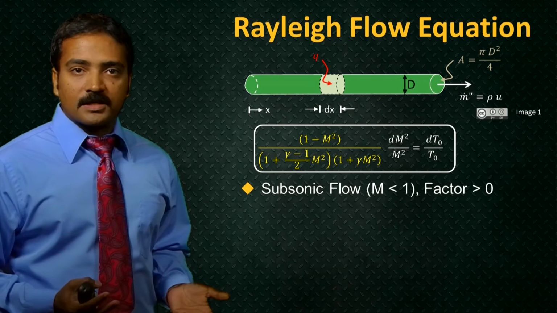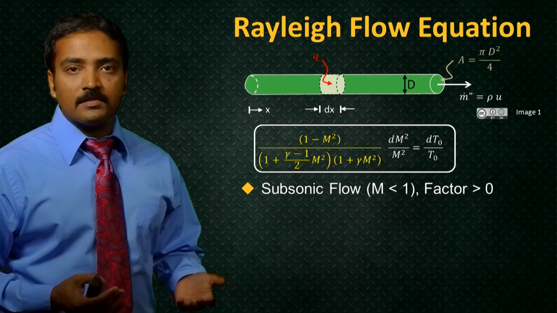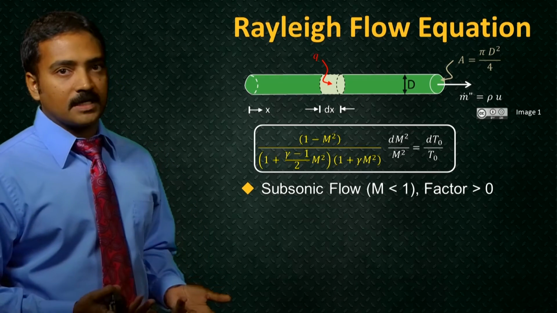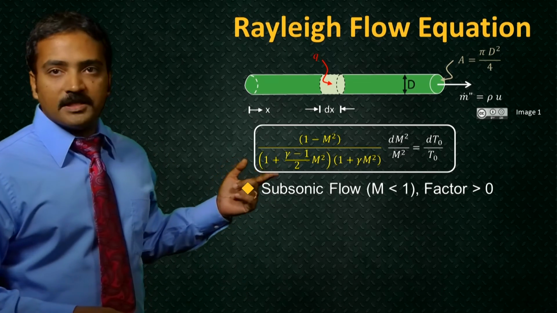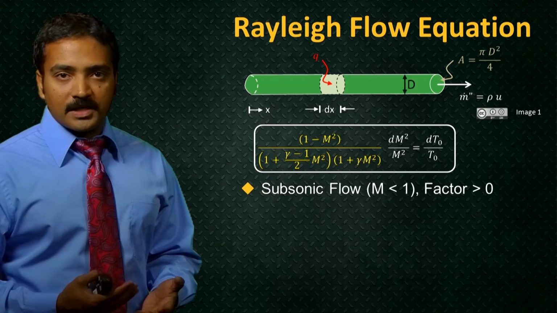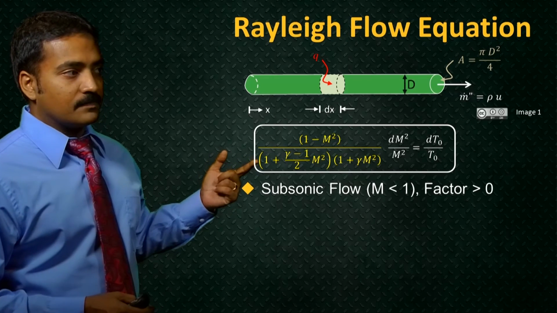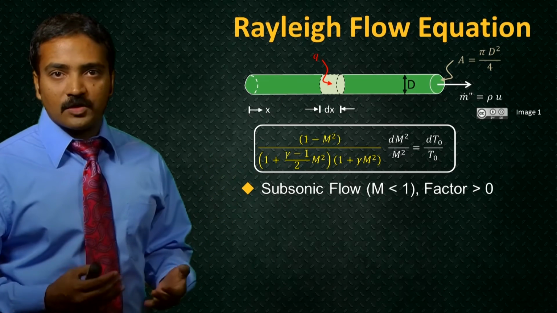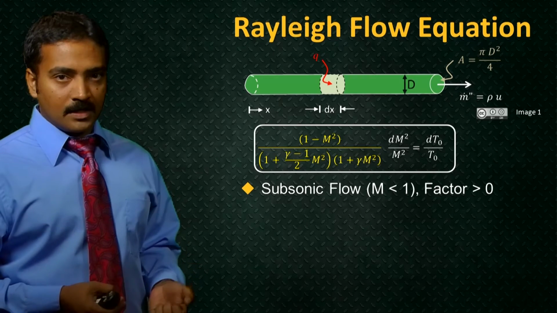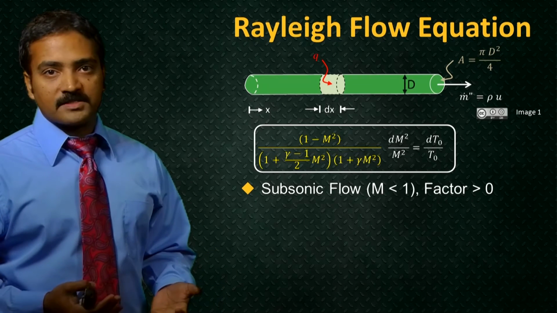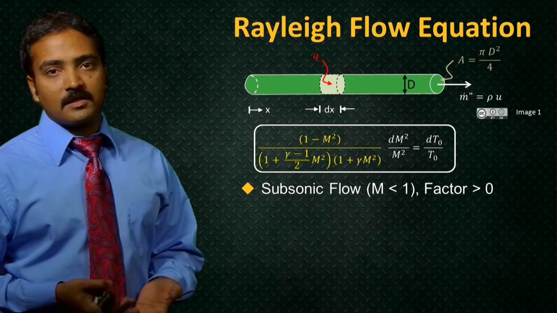First, let's consider the case of subsonic flow, when the Mach number M is less than 1. I'm going to examine the denominator first and figure out if it is going to be a positive or a negative number. Let's take the first expression, 1 plus gamma minus 1 over 2 times M squared. We know that gamma, the ratio of specific heats, is always greater than 1 in the combustor.